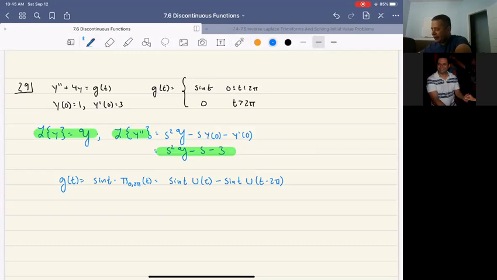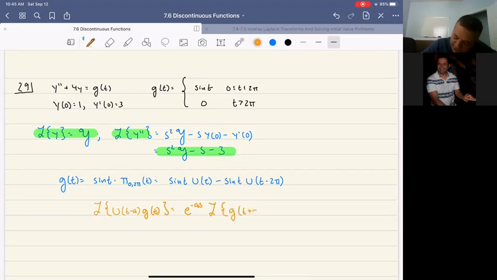So the Laplace transform of u of t minus a times g of t equals e to the negative as times the Laplace transform of g of t plus a.